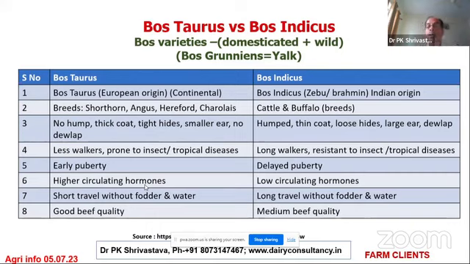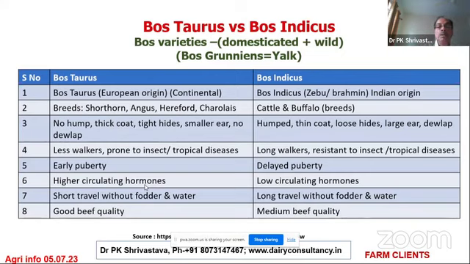So there is a reason behind that. Why are all these things there in our animal, large ears, loose hide, thin coat, and why is it not there in those? Because they are temperate zone animals. Here the temperature has, since the beginning, been higher compared to the UK and the upper part of the UK.